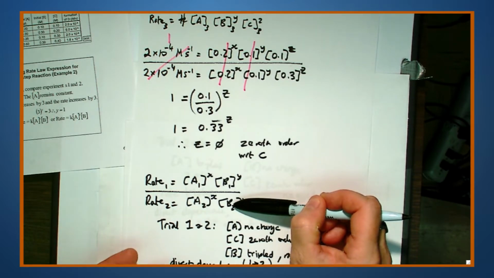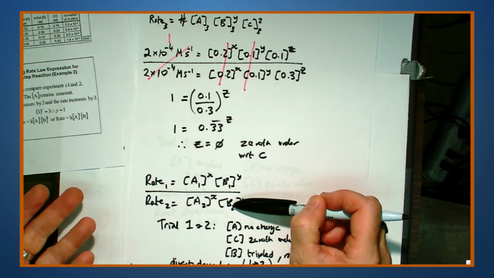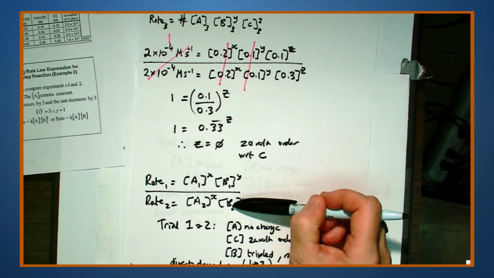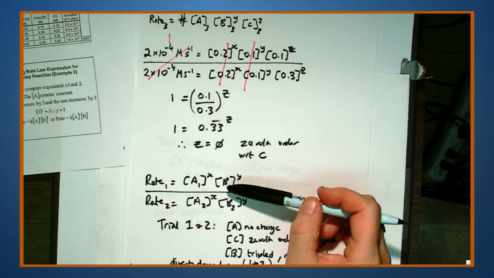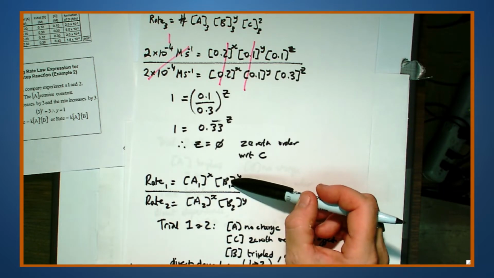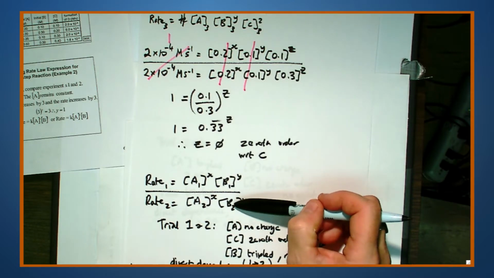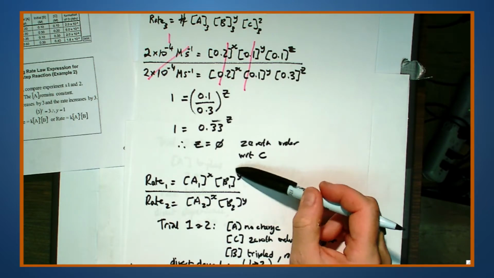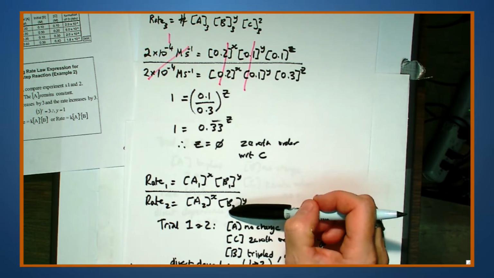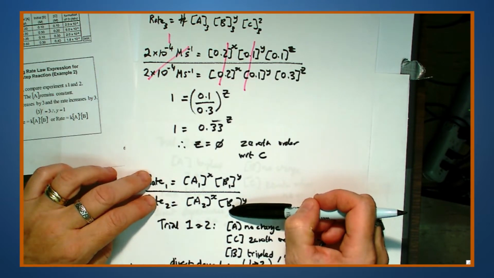But even if you didn't pick trials 2 and 4, say you picked trials 1 and 4, you can still say, well, in the case of trials 1 and 4, this would be 0.1 and this one would be 0.3. You just make yourself a bit more math, basically. But you'd know now y is to the power of 1.